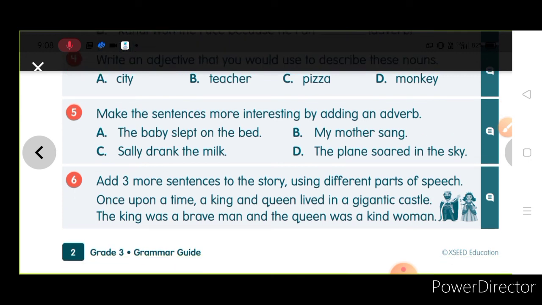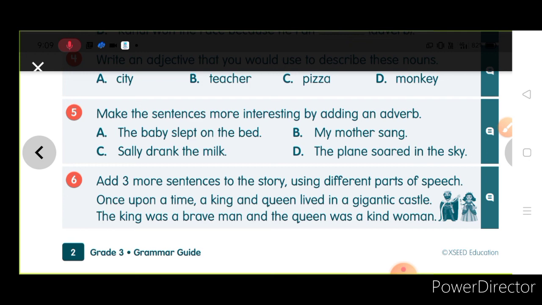Now the next question is, add three more sentences to the story using different parts of speech. Here is the writing task for you. Once upon a time, a king and queen lived in a gigantic castle. The king was a brave man and the queen was a kind woman. So now they have started the story.